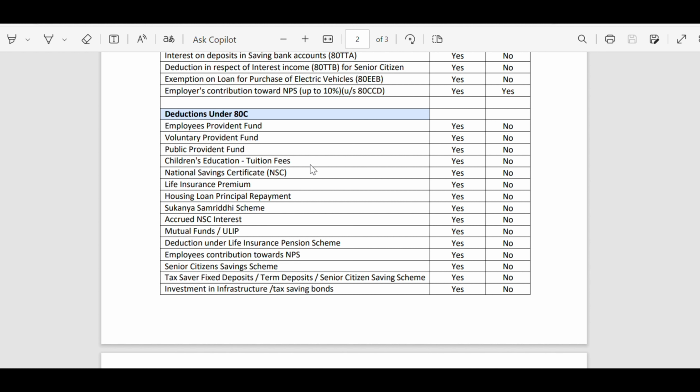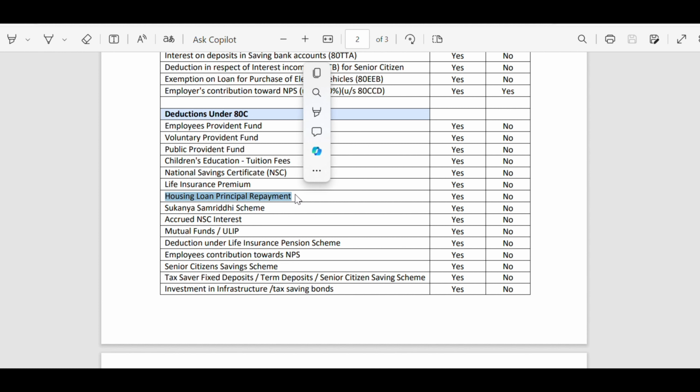Children's education tuition fee, National Savings Certificate, you can take it from any of the post offices. Life insurance premium, whether it is a term insurance or a life insurance, you can go ahead and claim the exemptions for this. Housing loan principal repayment.